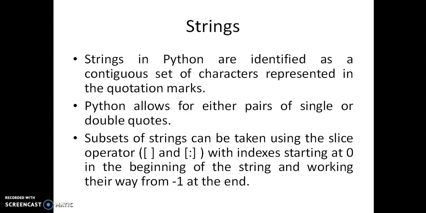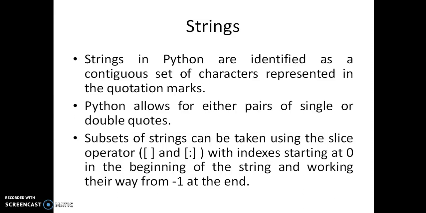If you require a subset of a string, a part of the string, or a particular letter of the string, then we can use slicing of strings. For that we can use square brackets, and square brackets with a colon. Within individual square brackets we can give an index, and it gives that particular character.